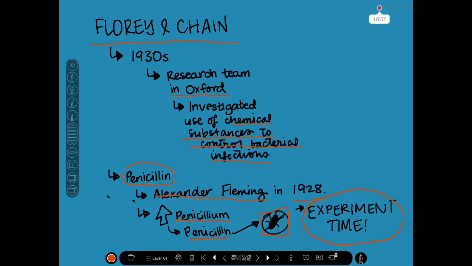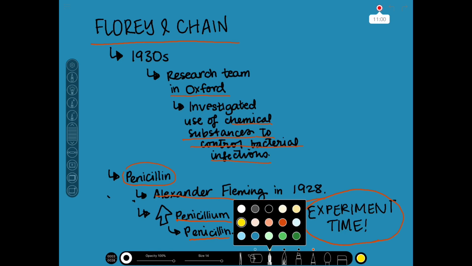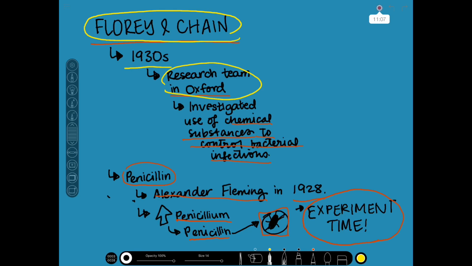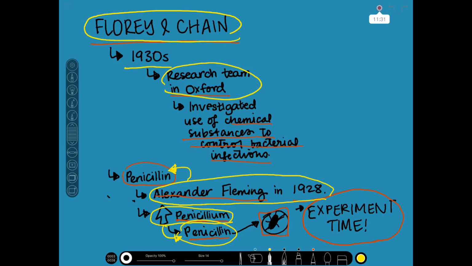So to summarize what I just said, Florey and Chain, a dynamic duo, created a research team in Oxford in the late 1930s. Alexander Fleming in 1928 discovered penicillin by growing Penicillium, which is a fungus, in liquid culture conditions, which secreted penicillin, and that penicillin kills bacteria on agar plates.